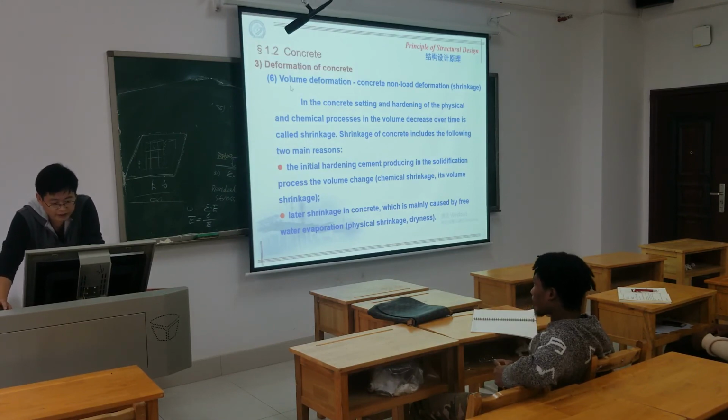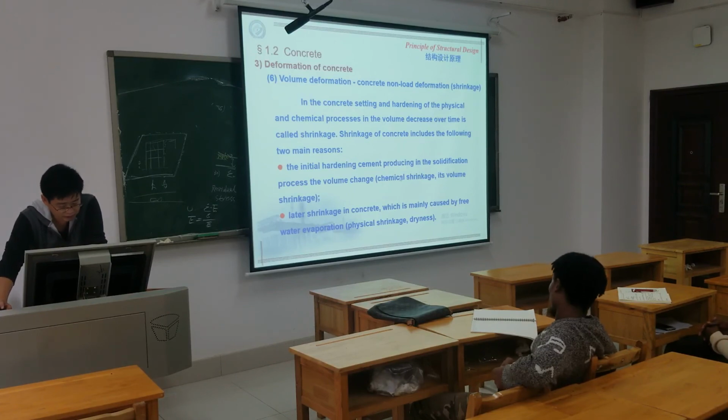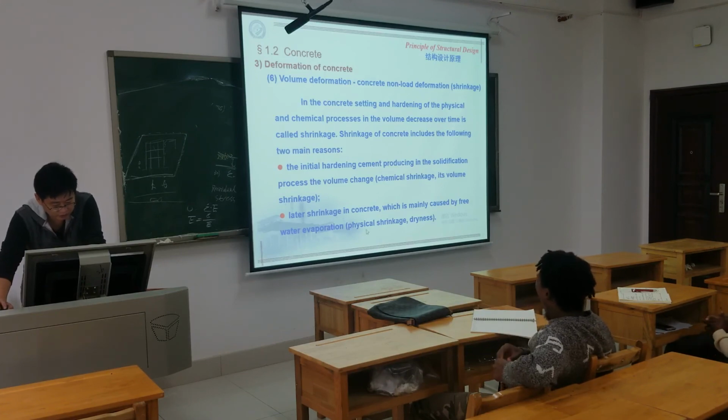So this is the second deformation of the concrete, the shrinkage. It's mainly caused by chemical and physical effects. That's the chemical shrinkage. The physical shrinkage has two reasons.